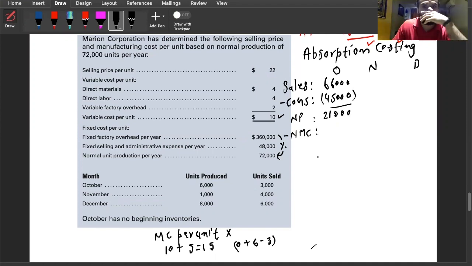How much is non-manufacturing cost? Not 48,000.